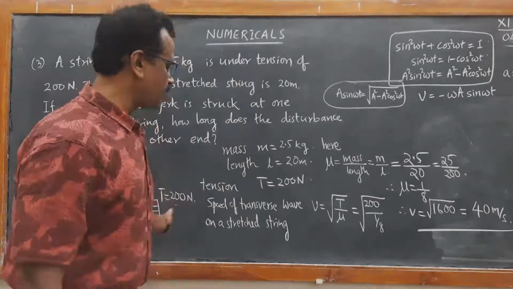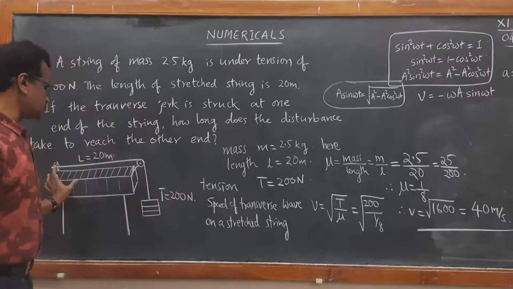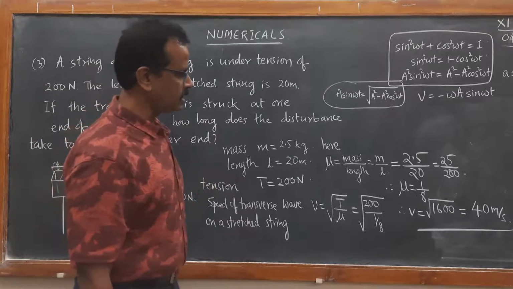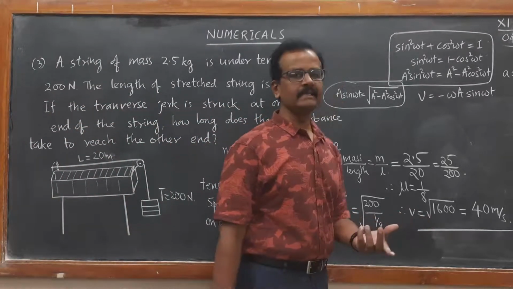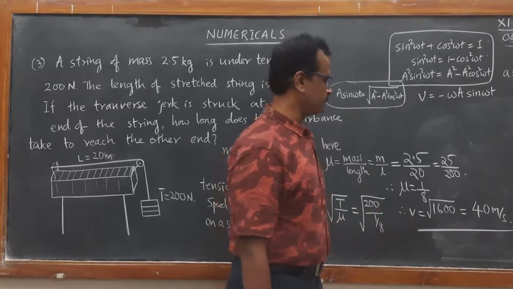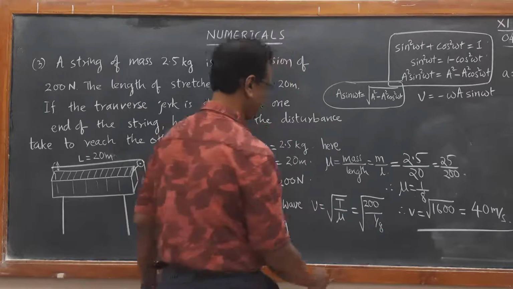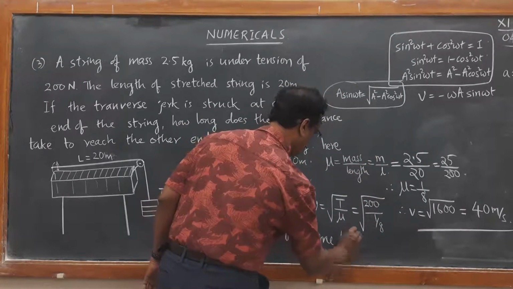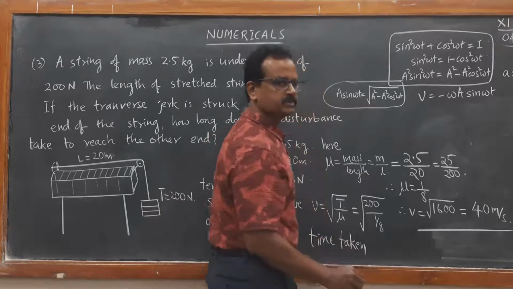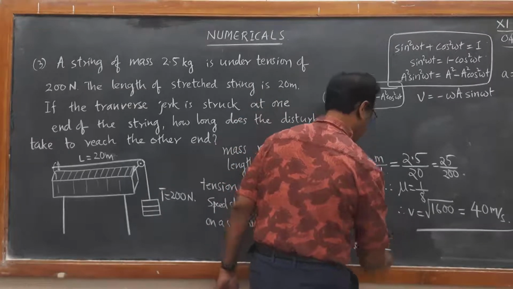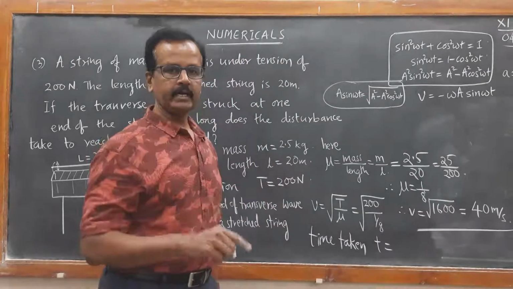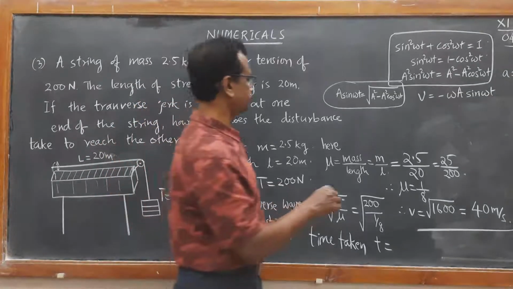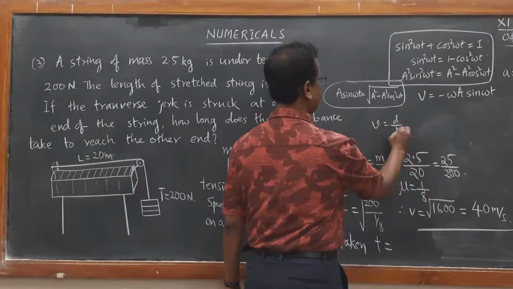Now we can calculate the time taken for this transverse jerk to reach the other end. What is the time taken by the disturbance to reach the other end? We know speed, we know the length of the string. We can calculate time taken. V is equal to d by t, distance by time.